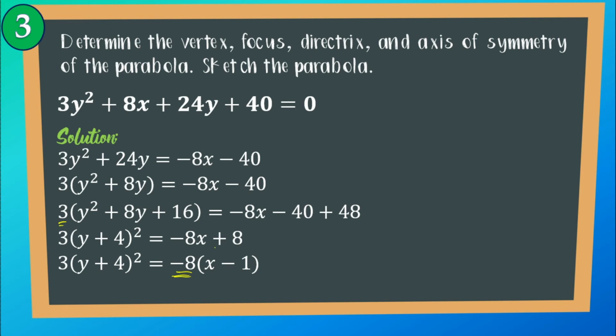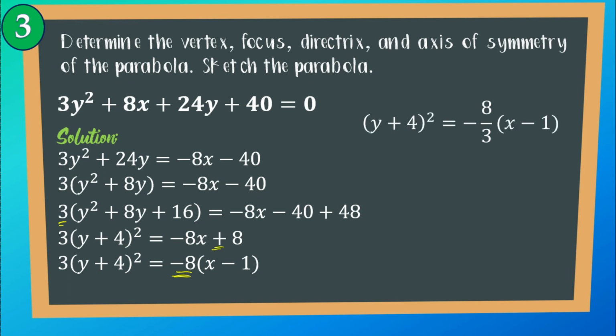Since positive 8 o plus, now, pag factor out natin yung negative, magiging minus siya. Okay, if we are going to check, negative 8 times x is negative 8x, negative 8 times negative 1, that is positive 8. Okay, so correct yung factor nito.